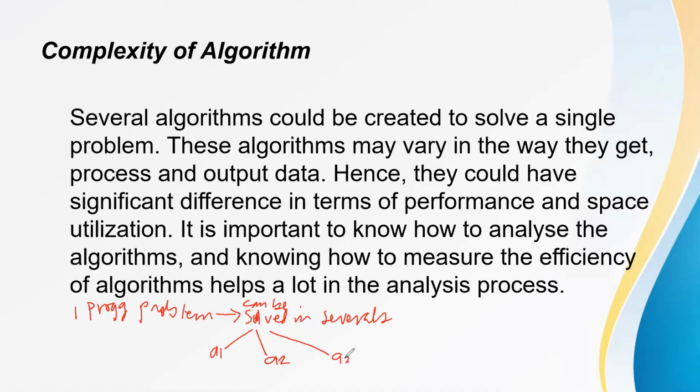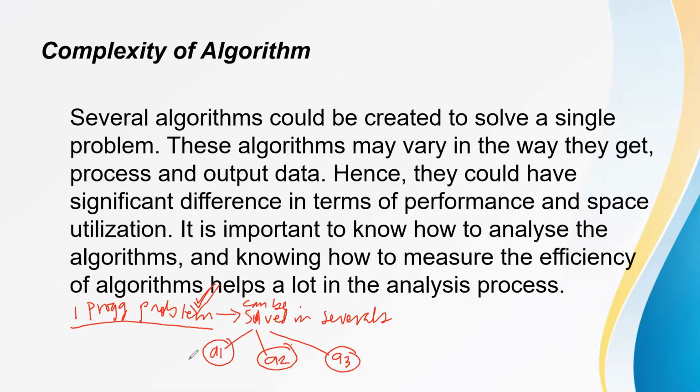So say for example, we have 3 programmers solving only one programming problem. One programmer comes up with algorithm A1 as the solution of that problem. Another programmer comes up with an algorithm A2 solving the same problem, and another programmer came up with a solution A3 for that same programming problem.